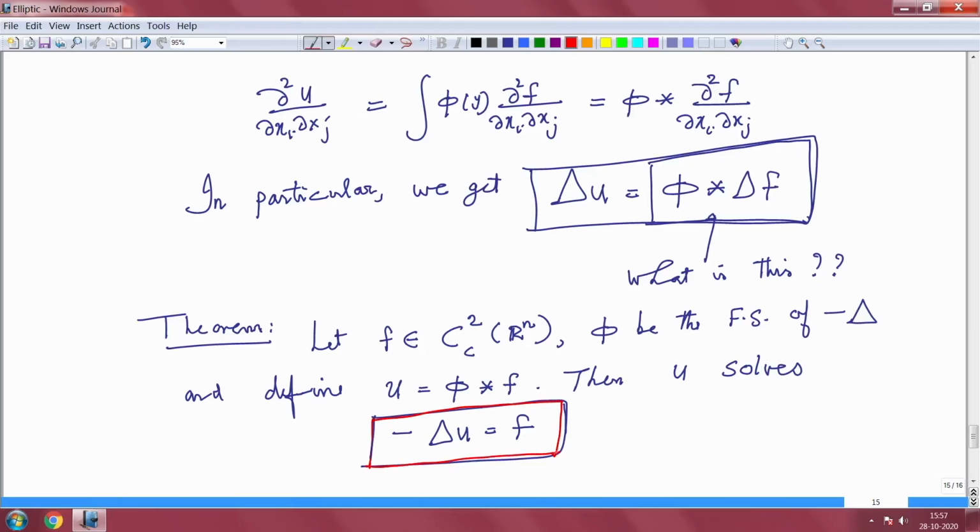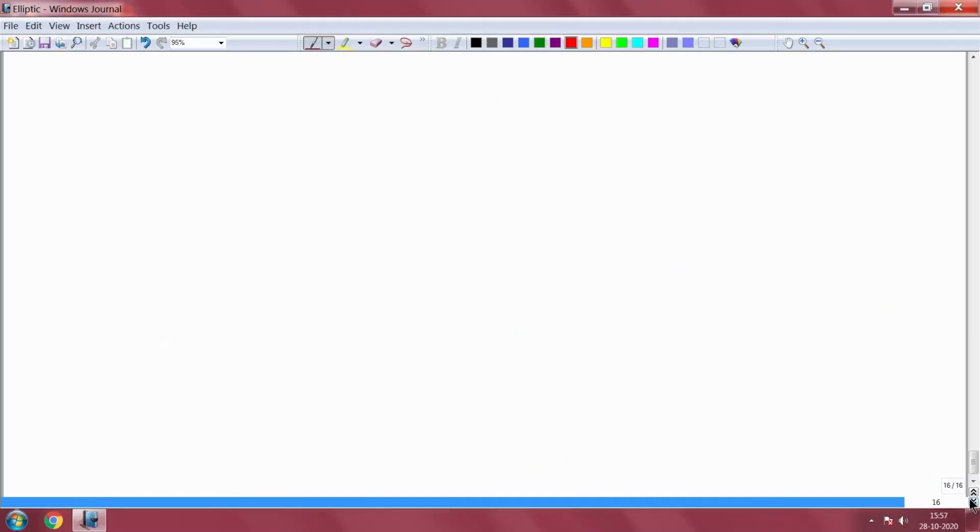So, let me make a remark before that. We have solved Laplacian of phi equal to 0 in Rn minus 0. So, the question is, what is Laplacian of phi in Rn?